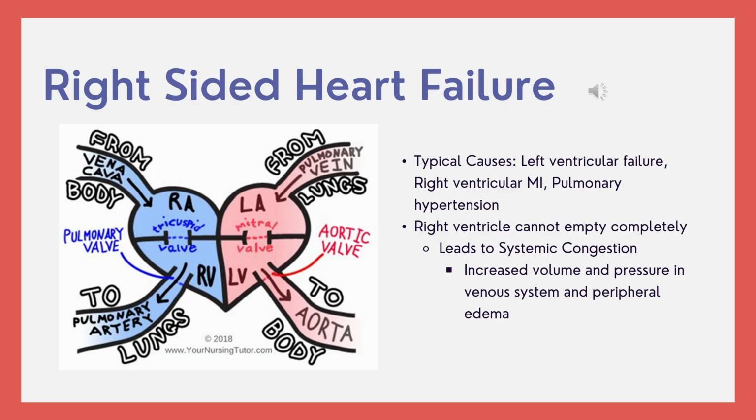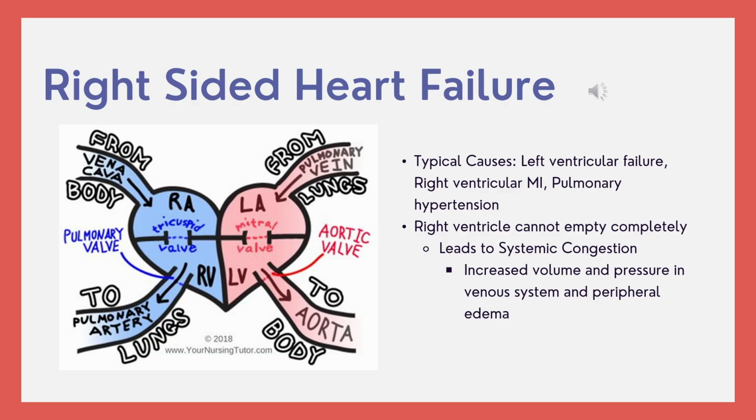All right, now we're going to discuss right-sided heart failure, which differs from left-sided failure in its causes, its pathophysiology, and its clinical manifestations. Usually right-sided heart failure is a consequence of left-sided heart failure, simply due to the increased pressure in the pulmonary circulation.